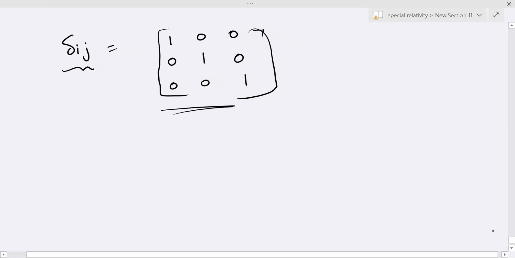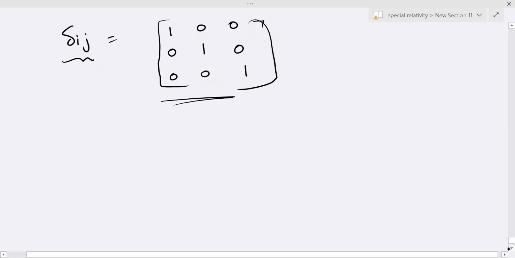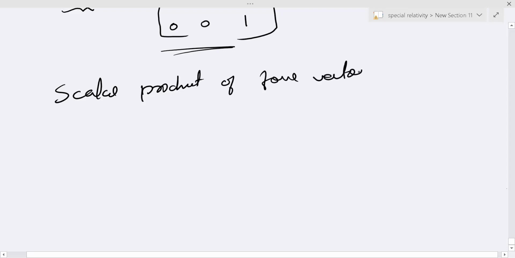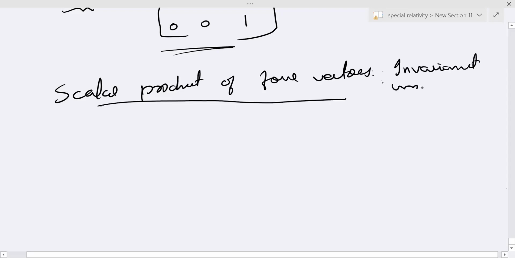Now we can go to the scalar product of 4 vectors. We need to find the notion of a scalar product of 4 vectors, but we need it to be invariant under Lorentz transformations.